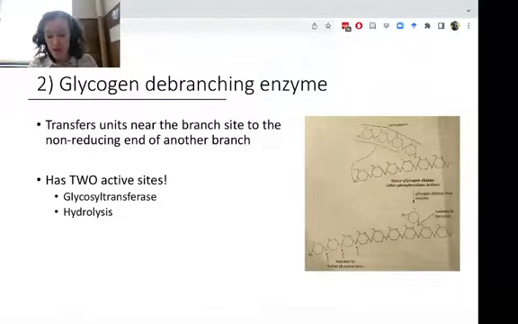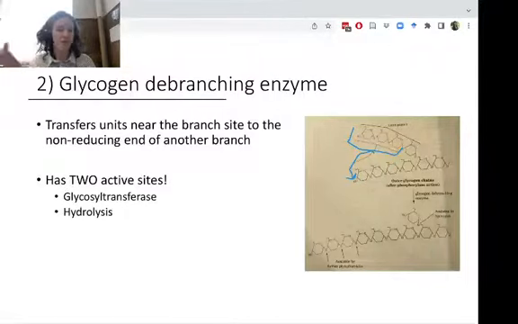So it takes basically the remaining bits of the branch that couldn't be chopped off, and it just plops them on the end of a different branch. There, we have an additional linear part of glycogen that phosphorylase can go ahead and start chewing on. So this enzyme performs that catalysis.